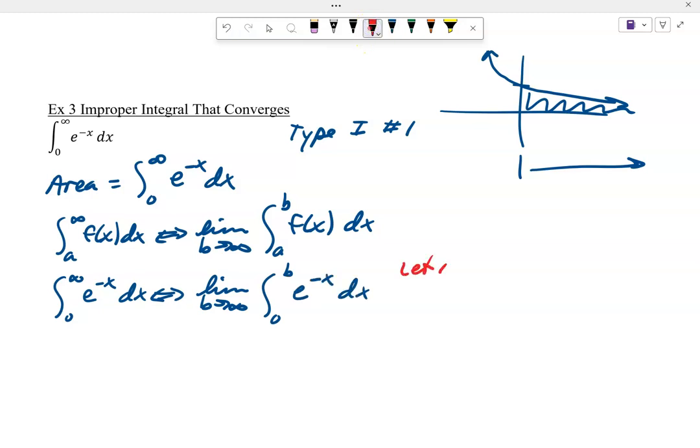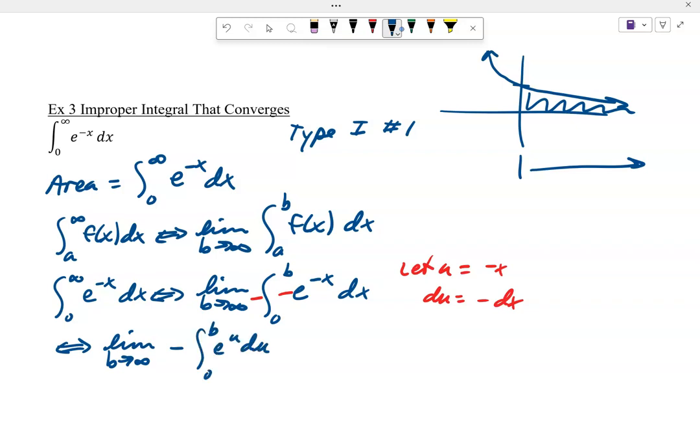Let's go ahead and let u be negative x, so du is a negative dx. Put that in. And so this ends up being limit as b goes to infinity of negative, and now we're going to run the integral of e to the u du. And the integral of e to the u is 1 over ln of e to the u.